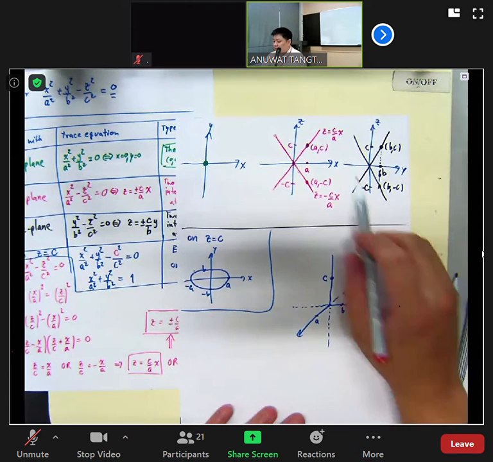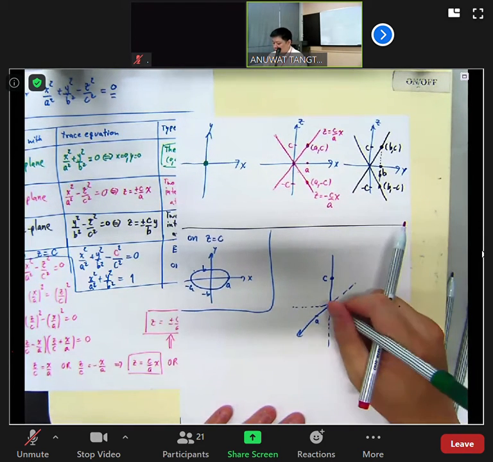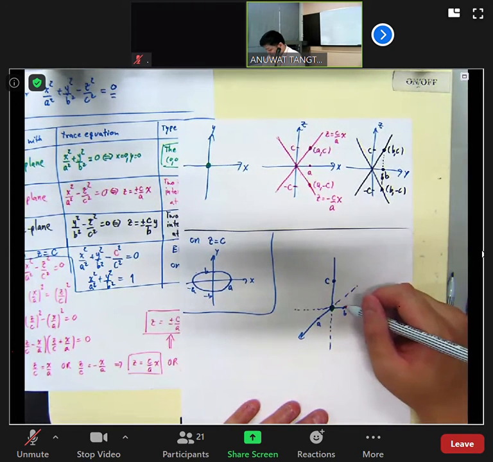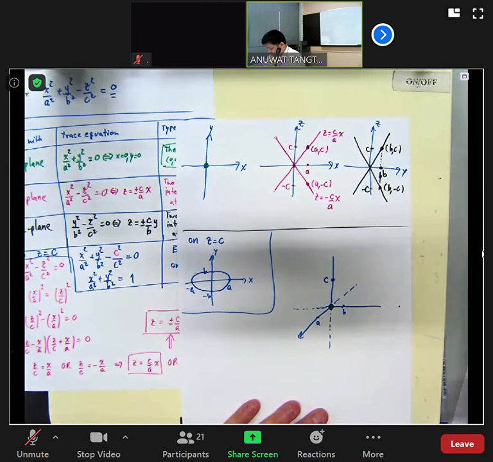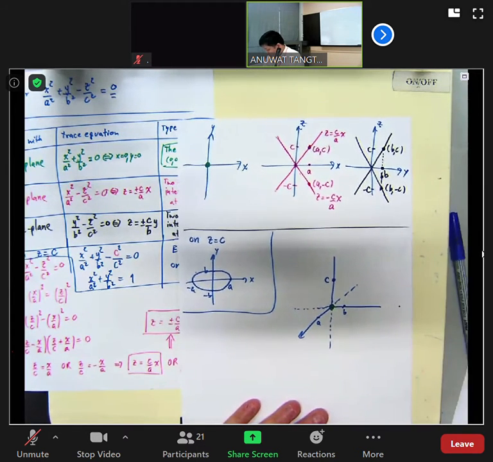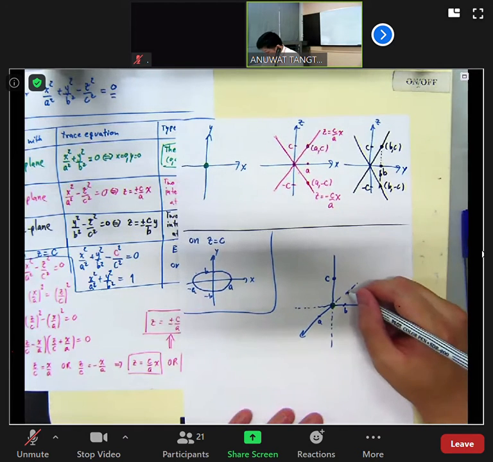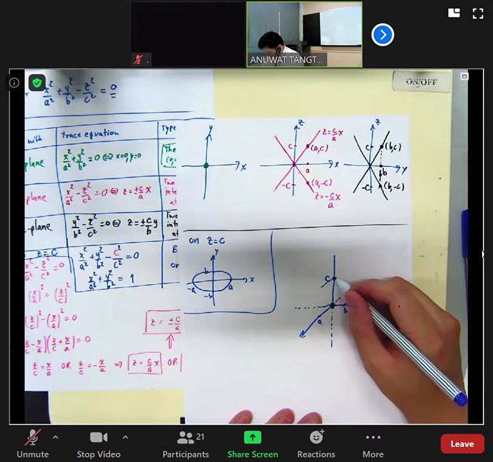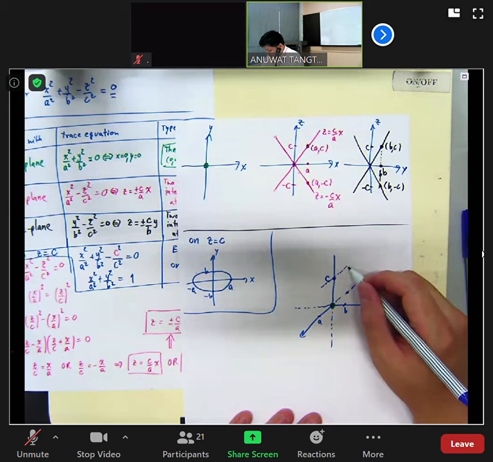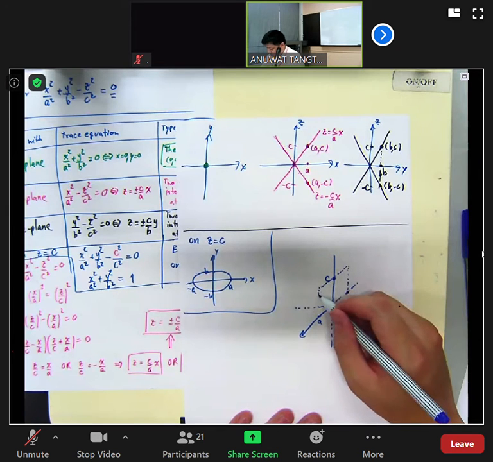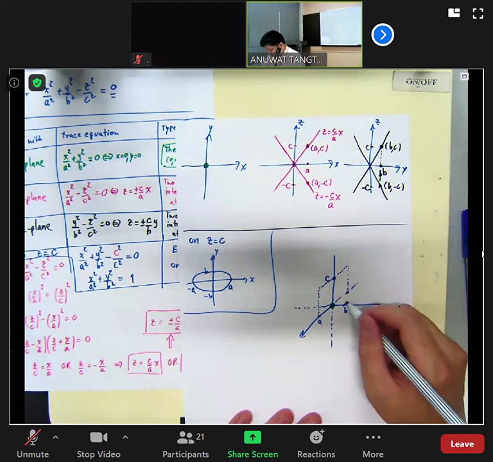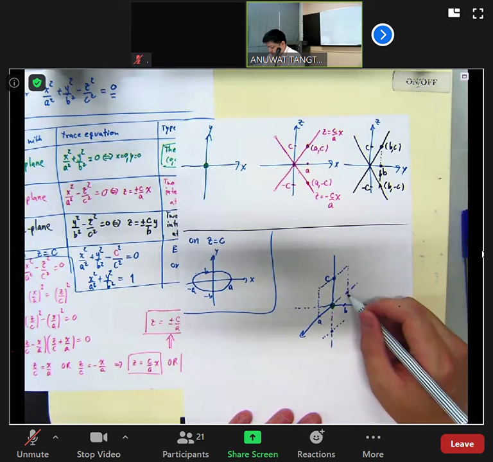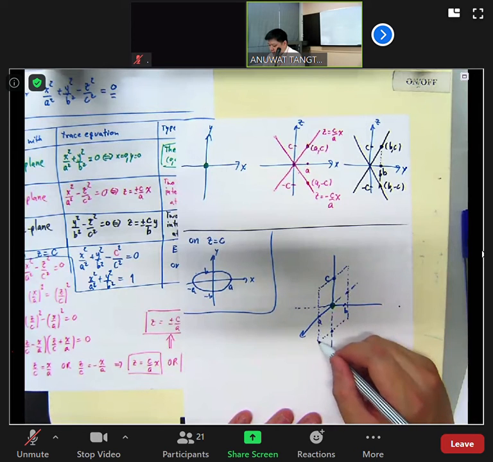First of all, let me draw on the graph. Okay, first of all, we have got the point 0, 0 there. And on the XZ plane, this is on the XZ plane.